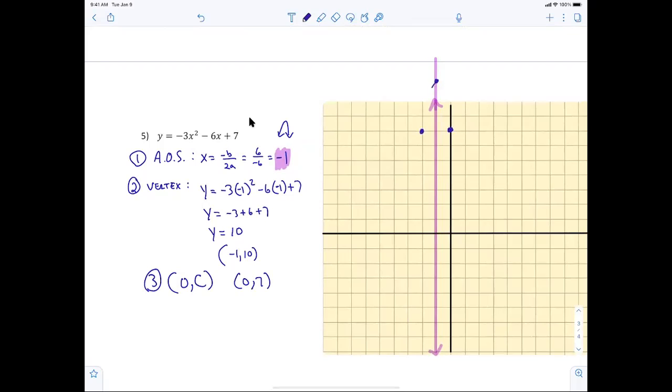And now we're going to graph just by dropping straight down. Now do me a favor and graph that on your calculator again to make sure everything's correct. Is that looking good?